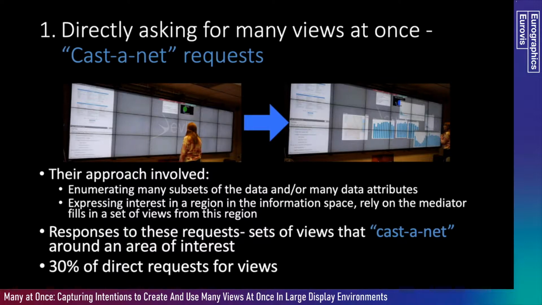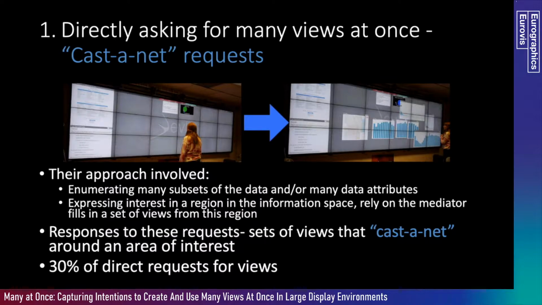First, participants used an interaction style that involved casting a net around an area of interest, in effect, directly asking for many views of their data. Sometimes they would accomplish this by enumerating multiple subsets of the data or multiple data attributes that they wanted to view at once.